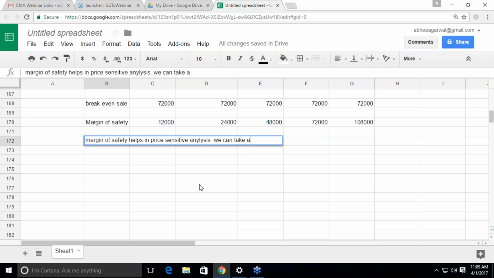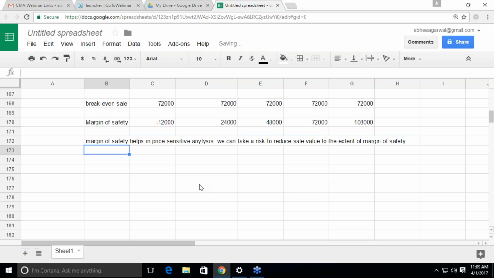We can take a risk to reduce sale value to the extent of the margin of safety. You can reduce your sale value to the extent of margin of safety, below which you can't reduce your sale value. To the extent of margin of safety, you can play. If you play beyond the margin of safety range, then you may incur losses.